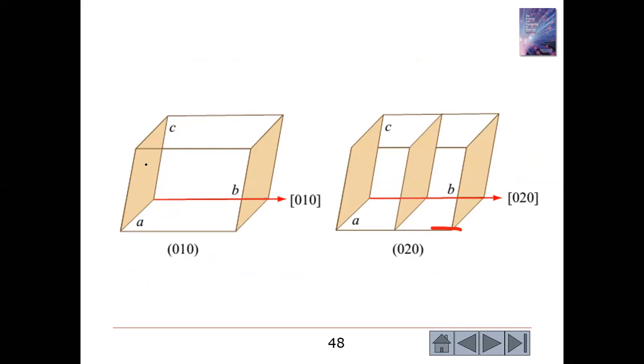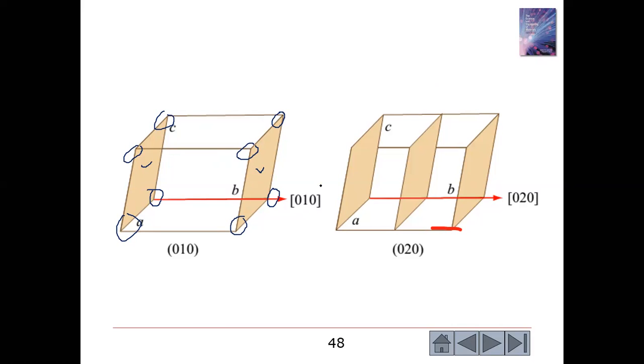So this plane and this plane are equivalent because they will show you the same thing. For example, if it's a simple cube, you will find an atom here, here, here, and here. A similar arrangement of atoms will be found on this plane as well. So they are the same because they bear the same characteristics.